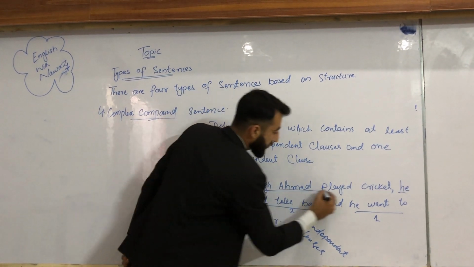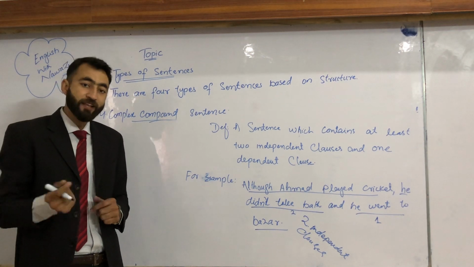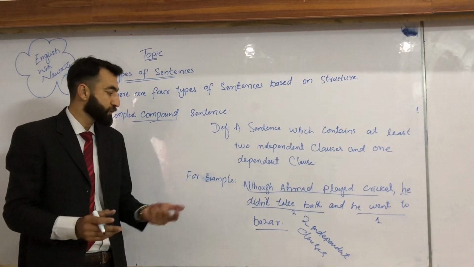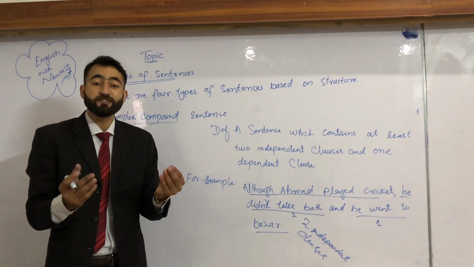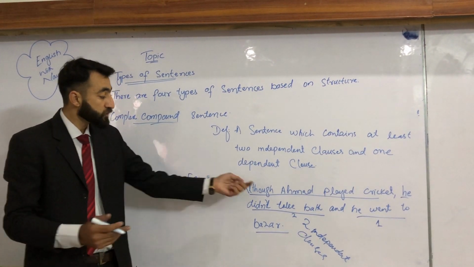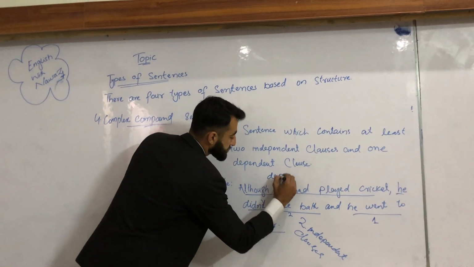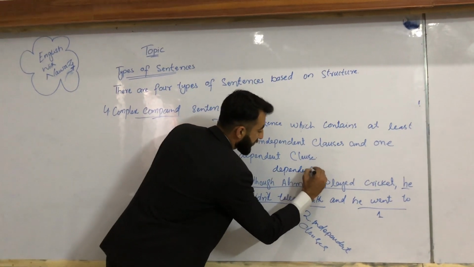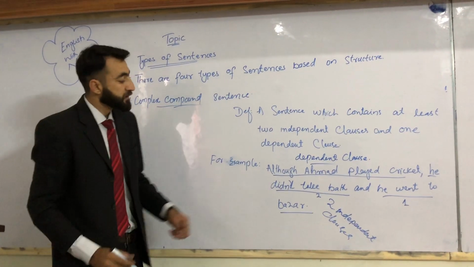And look here, although Ahmed played cricket, as I taught you, cannot stand alone. So this clause is called what? Dependent clause. It became a dependent clause. Now, have a look here.